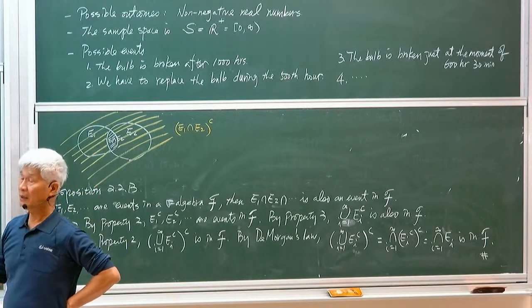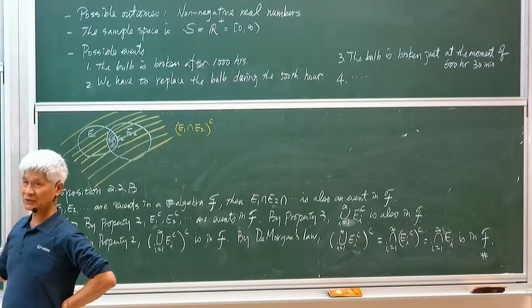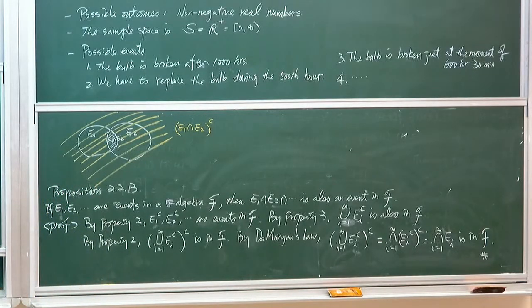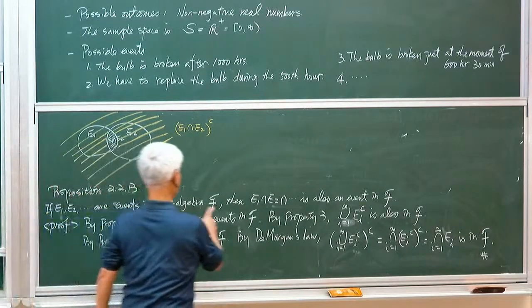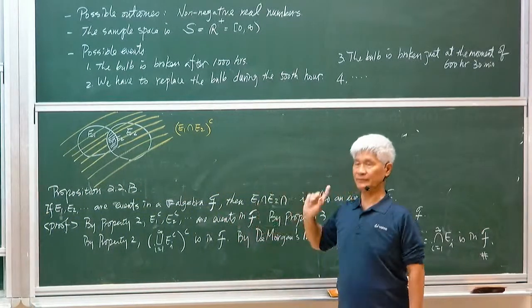I just list the minimum requirement, which is good for justification of a sigma algebra. So this is the least thing you have to do. Once you check the three properties are satisfied, then this property must also be satisfied.